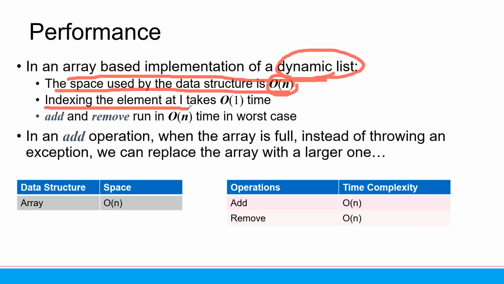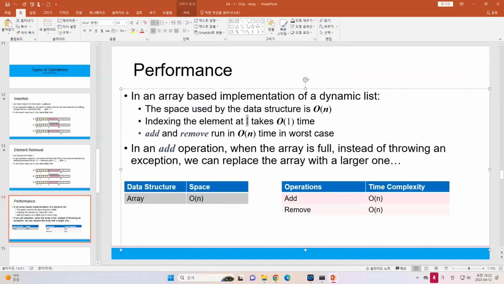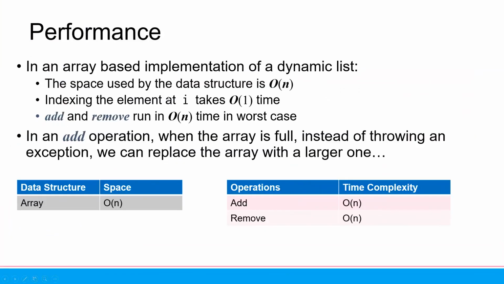Indexing the element at i takes O(1) time. So if I access the array A at index 0, it will take O(1) time.